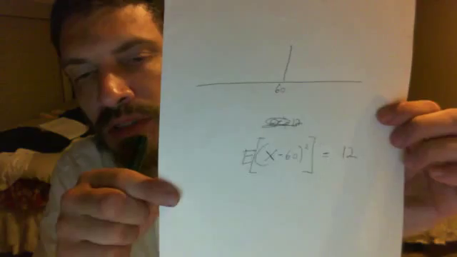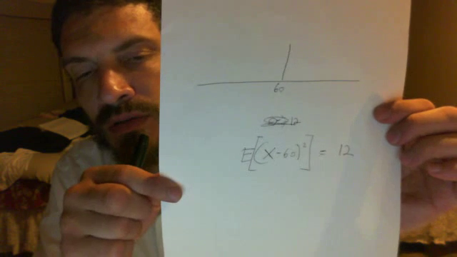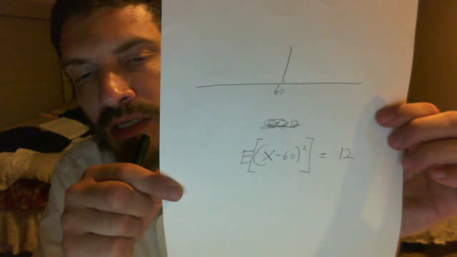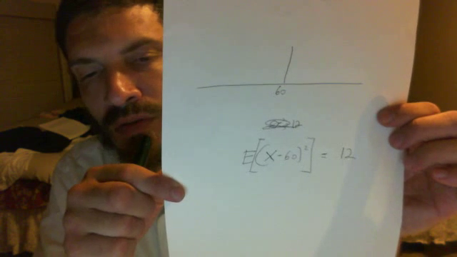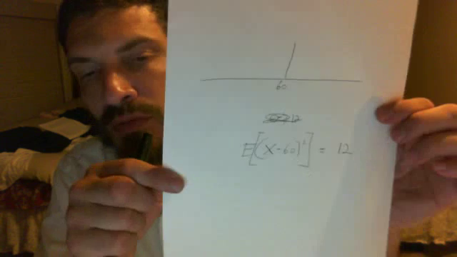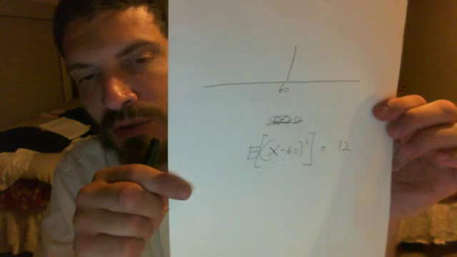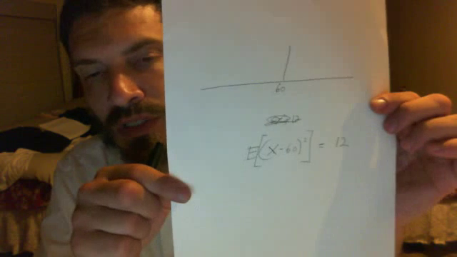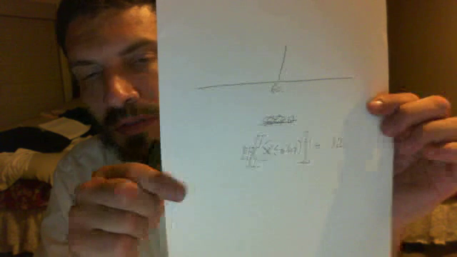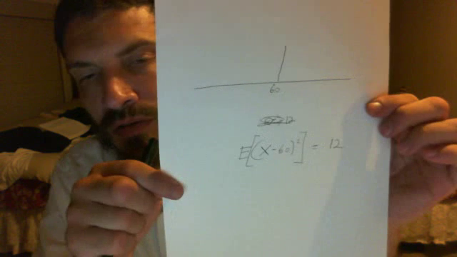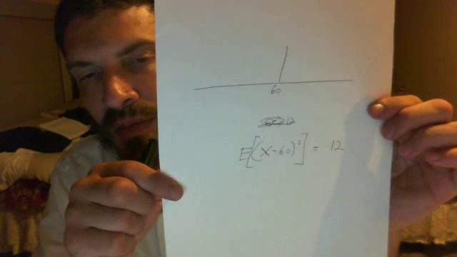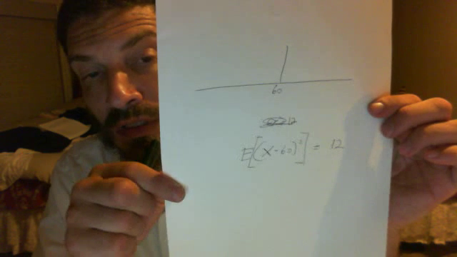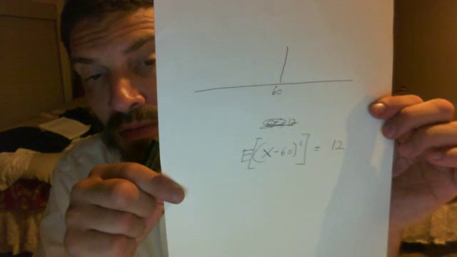We take a point 60 and we're telling you E of (x minus 60) squared is equal to 12. First of all, what does this mean? It means if you take all the x values that are associated with this distribution, it might be 50, 40, 30, 70, 80, it might be like 10 different points, each one with different probability.